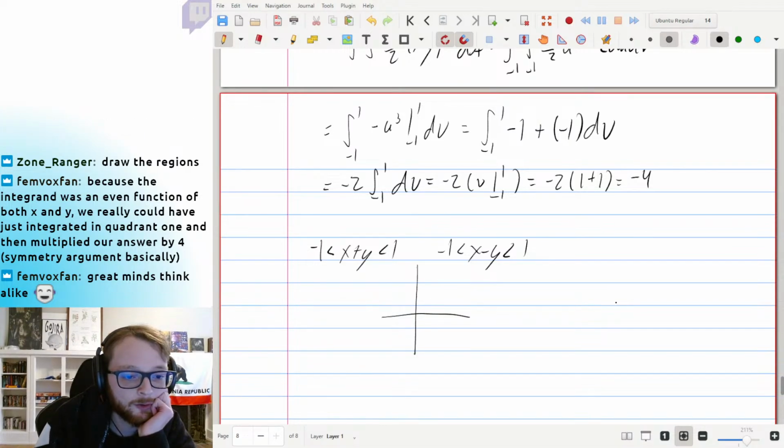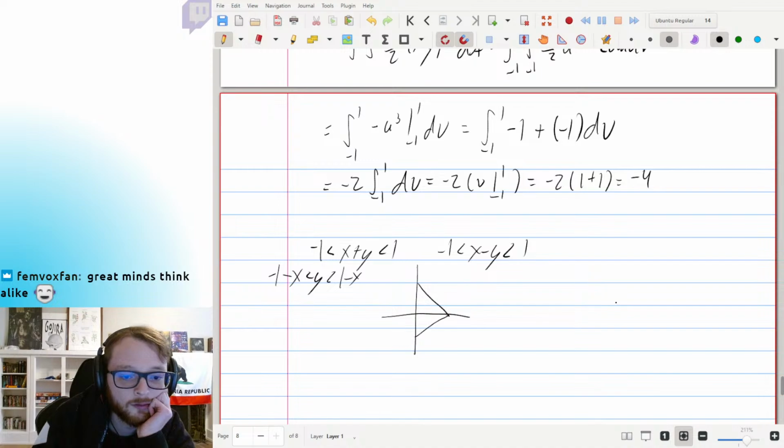The first equation would tell you... How do we want to think about this? -1 minus x is less than y is less than 1 minus x. 1 minus x is like that. -1 minus x is like that. The second equation would tell you y is negative. That's annoying. Then you multiply through by -1.